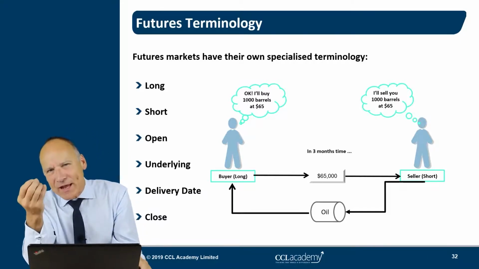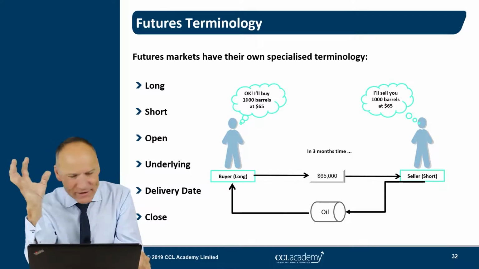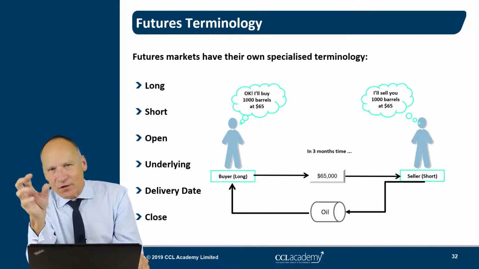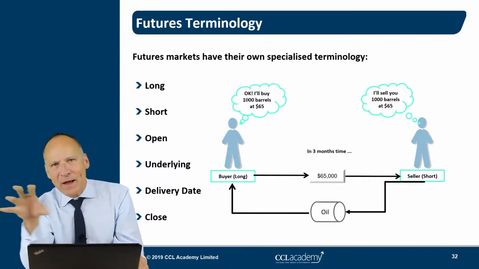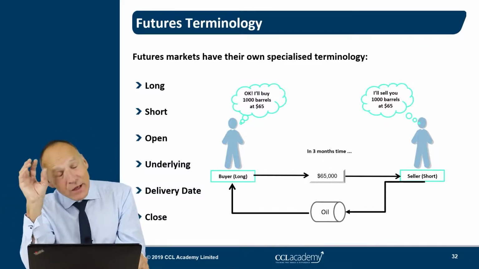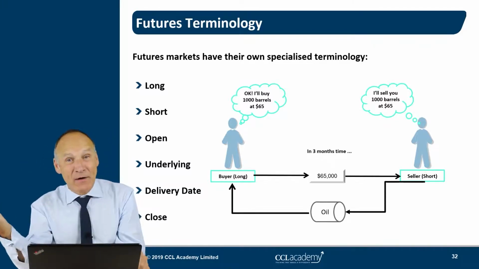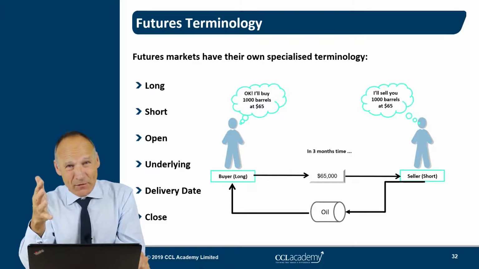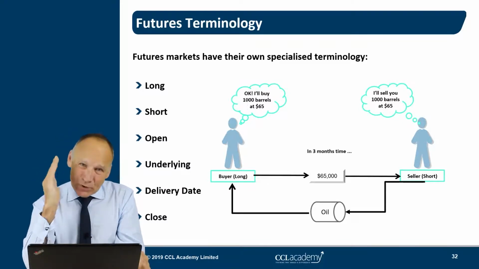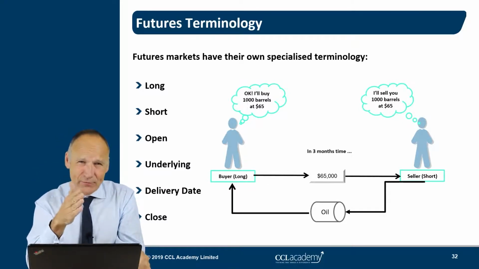Now what I mean by that is let's say we've got exactly the same contract. So the long is committed to buy 1,000 barrels in 3 months' time. The short is committed to sell them 1,000 barrels in 3 months' time, $65 a barrel. That was the price of oil when this contract was entered into.